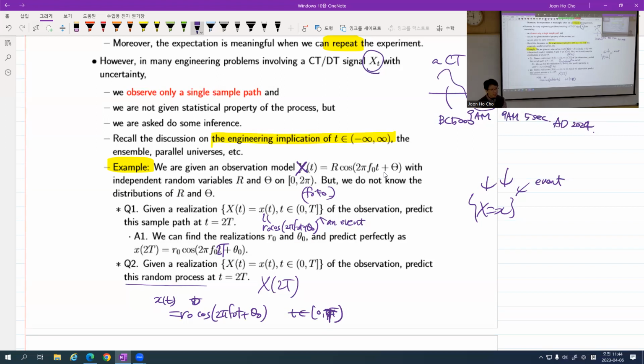Suppose you want to predict the price of one stock. What is the popular one? Yeah, EcoPro BM. Probably some of you are interested in the stock market, and EcoPro BM, that company's stock, rose almost twice during the last 3 months. Anyway, you want to predict what will happen tomorrow.